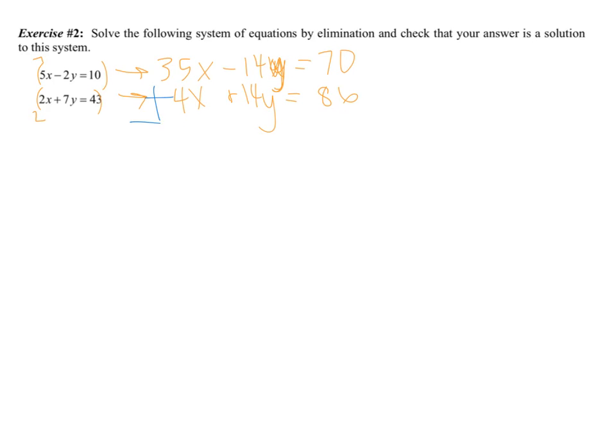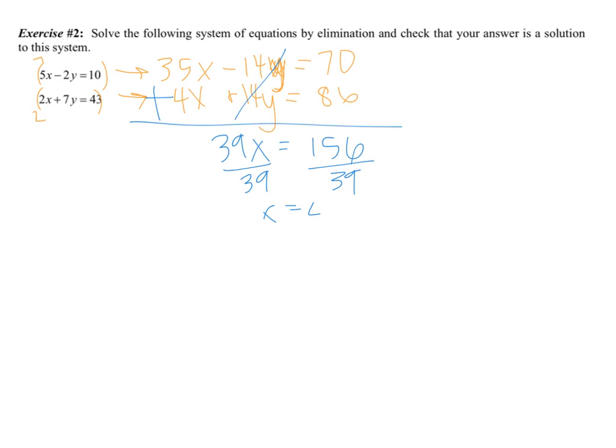Now we have our giant addition problem where the y's eliminate. So 39x equals 156. We divide by 39 on each side, and 156 divided by 39 is 4.